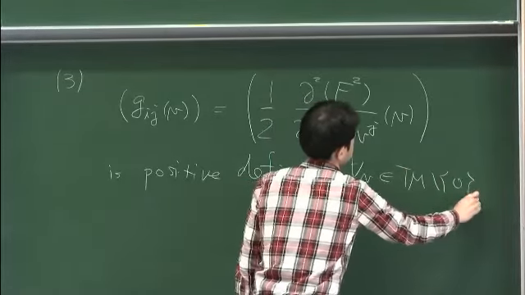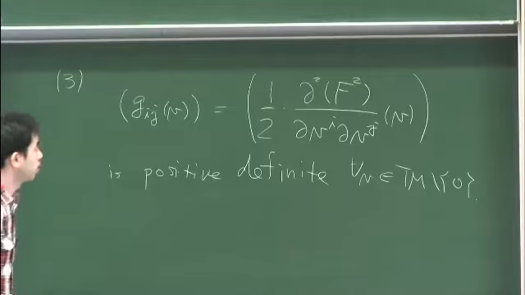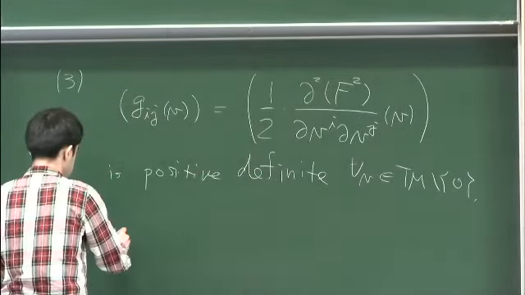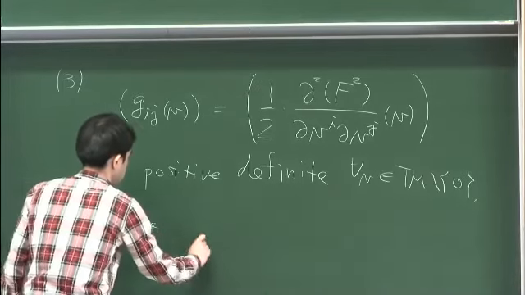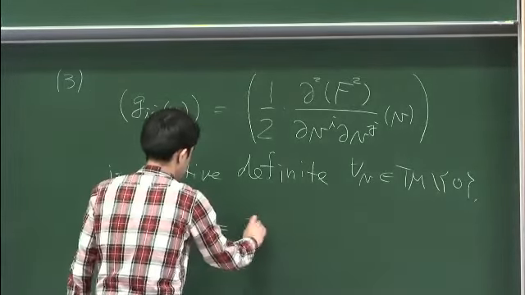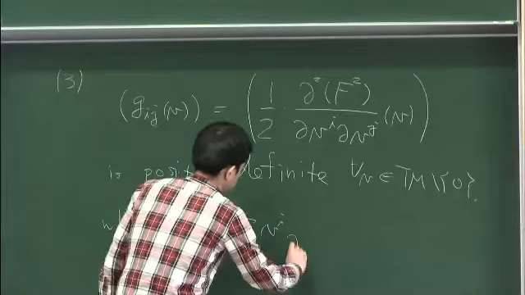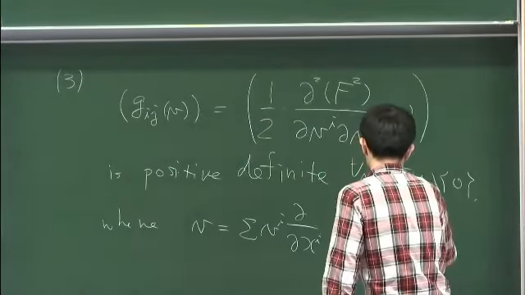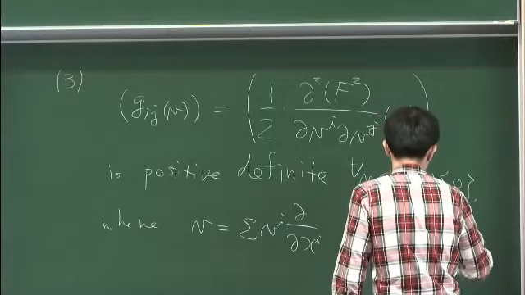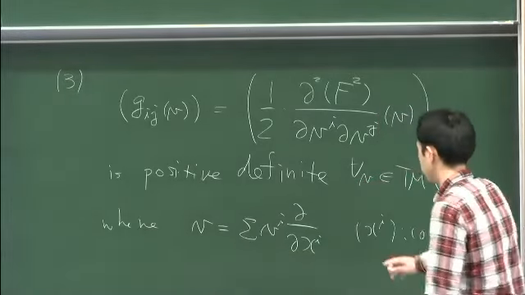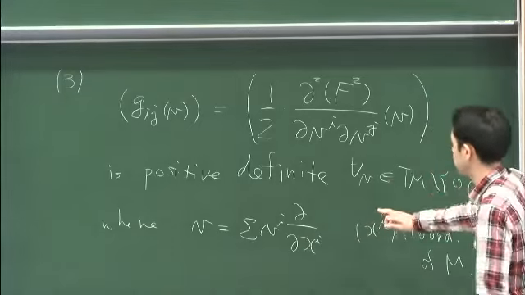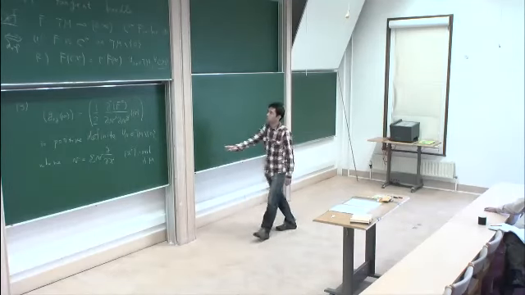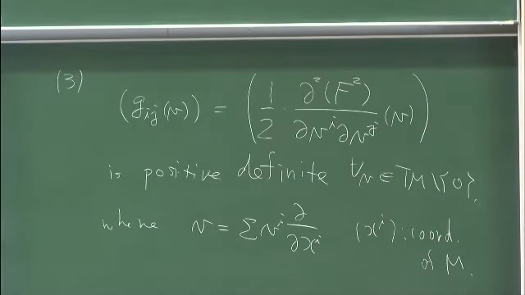And here the coordinate is defined by some local coordinate x^i of M, and we consider this kind of natural coordinate on the tangent space, and we assume this is positive definite. Okay, so this is a very general definition of Finsler manifold.